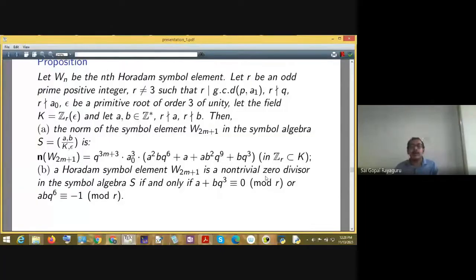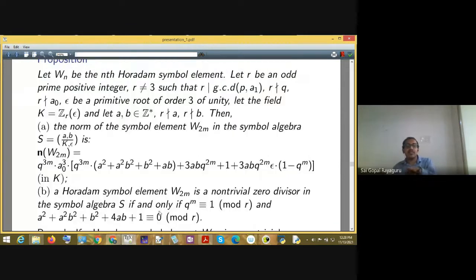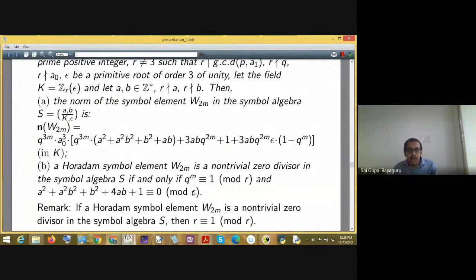Again, we can find the non-trivial zero divisor. Here the condition is a plus b into q is congruent to 0 mod r, or a into b into q raised to the power 6 is congruent to -1 mod r. Out of these two conditions, at least one holds. But in case of the even indexed Horadam symbol element, we have two conditions, and both of the conditions need to hold for the non-trivial zero divisor condition.